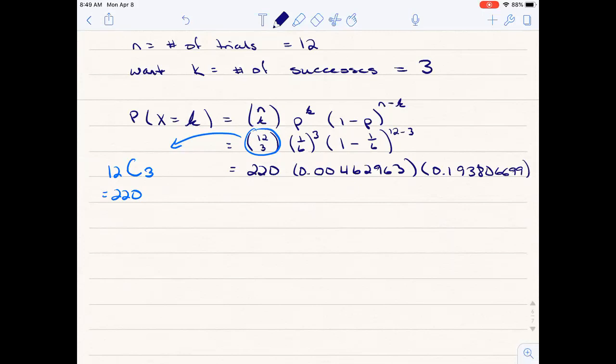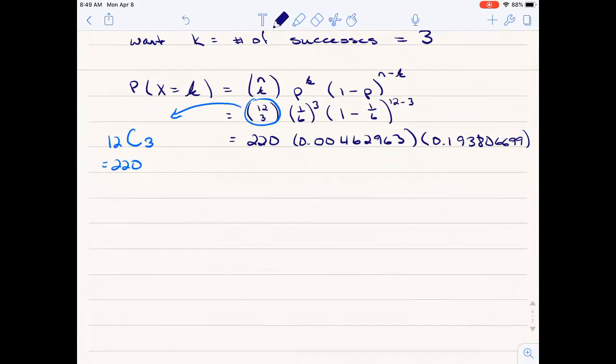Oh, I should have stored the previous. If I multiply these out, I get 0.197395712. You can leave it like that.